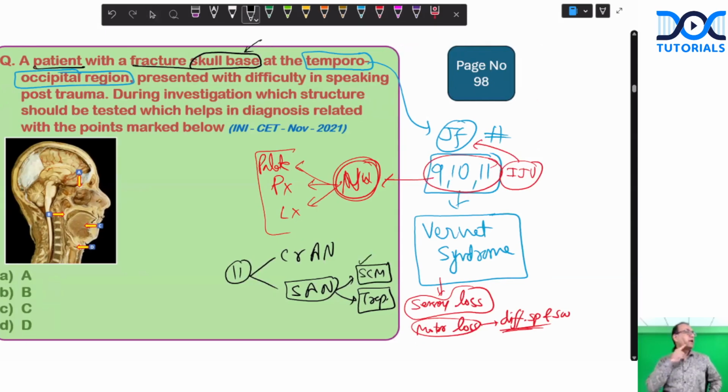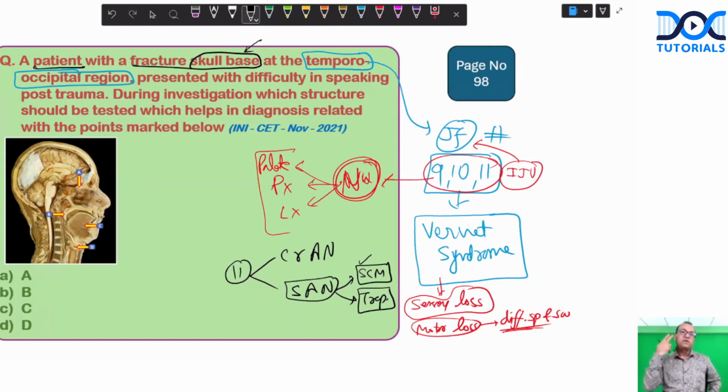Sternomastoid is for turning the neck to the opposite side, so whichever side the fracture was, the patient will not be able to turn the neck to the opposite side. Then there'll be difficulty shrugging the shoulder because trapezius is not working. There'll also be difficulty in overhead abduction, because that is the job of trapezius. So trapezius basically does two functions: shrugging the shoulder, and overhead abduction.